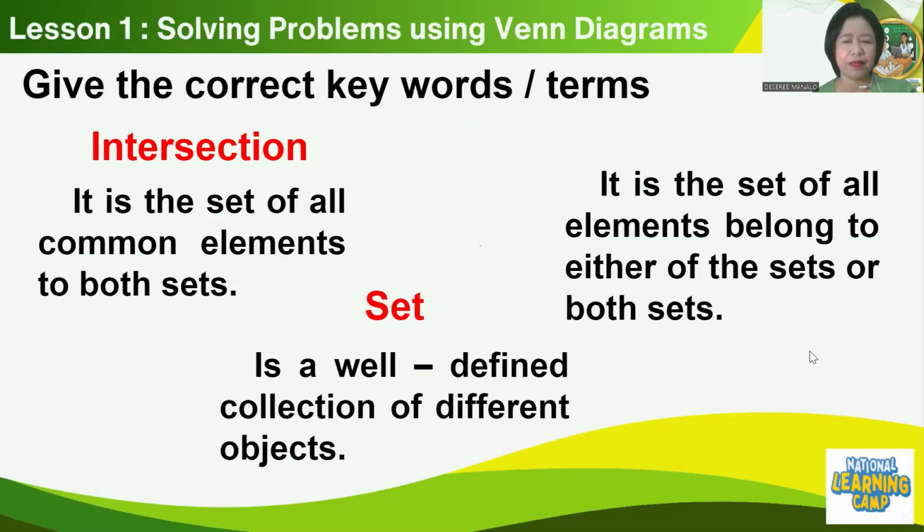It is the union. Another word that we can use to identify union is the word or, either. For the intersection, the word that describes it is the word and.